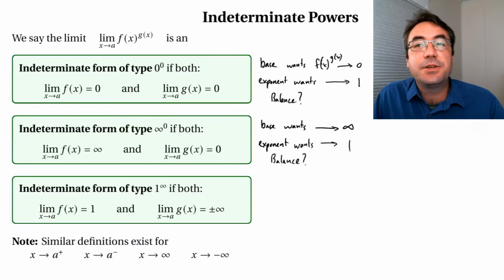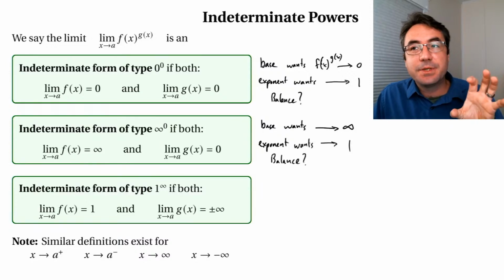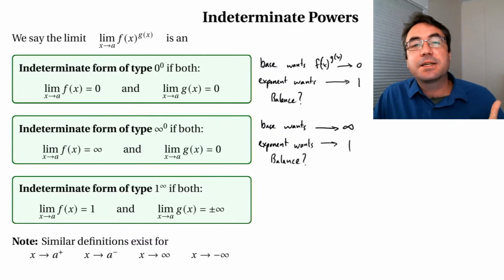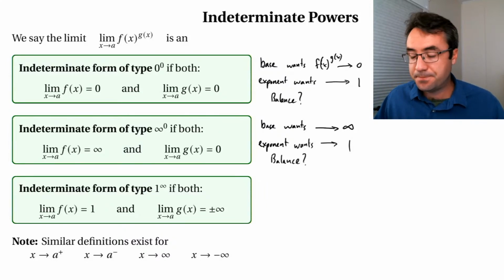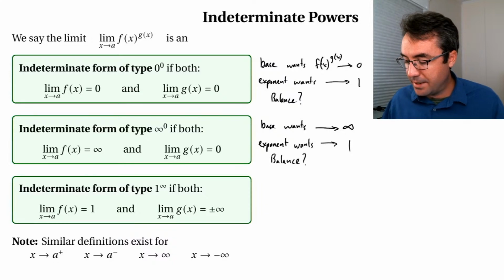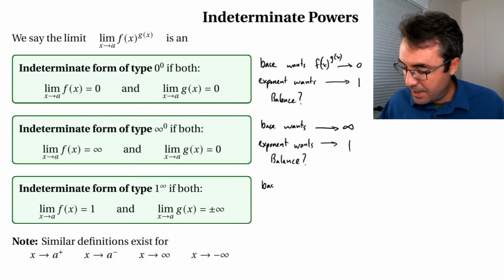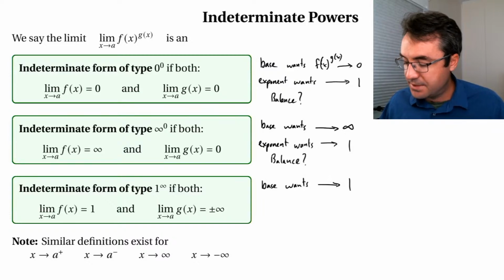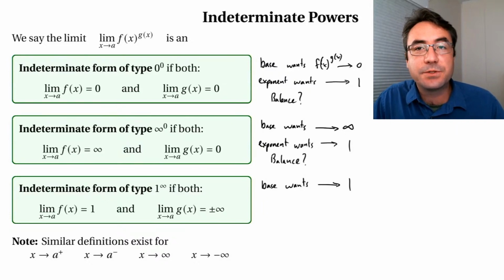And then the last indeterminate power is the type 1 raised to the infinity. So our base term is getting closer to 1. Our exponent is getting large positive or negative. And what happens is if the base term is going to 1, it wants that whole expression then to go to 1 as well.